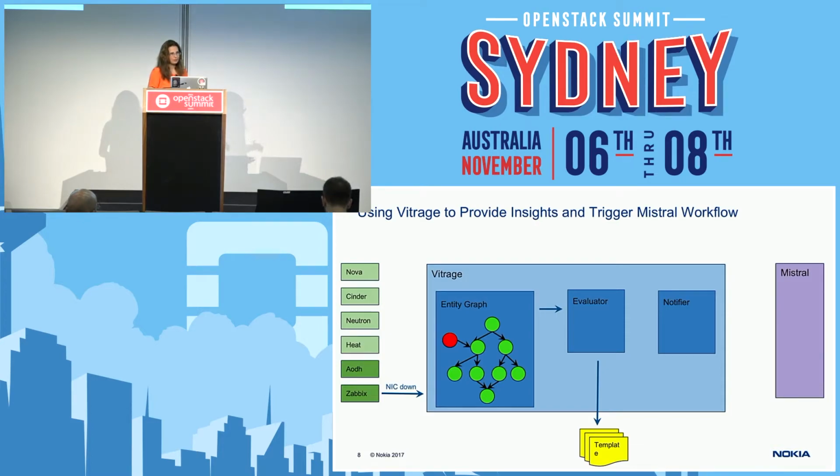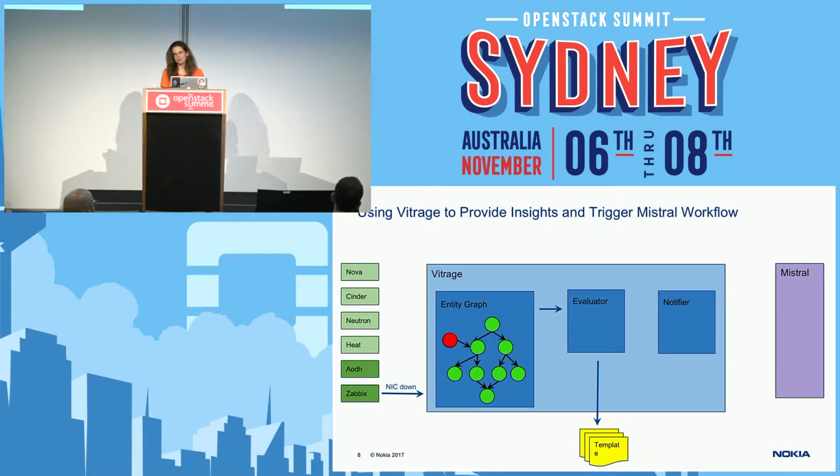When I say evaluating the template, actually for each template YAML file, we generate small graphs. So we have a graph with a NIC that is in error, and it's attached to a host vertex. Then we run subgraph matching algorithms, and we look for small subgraphs in the big graph.